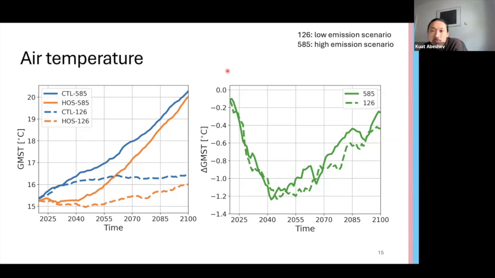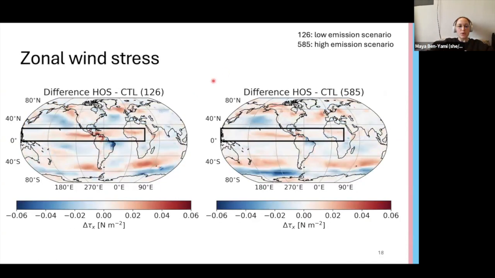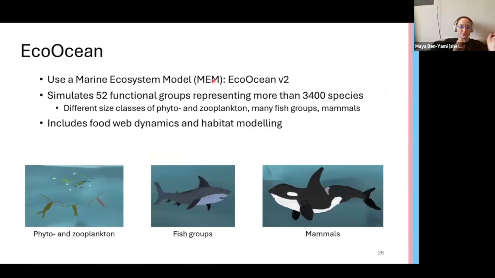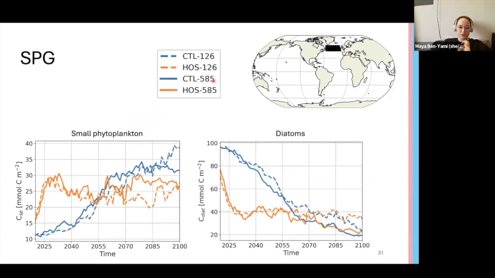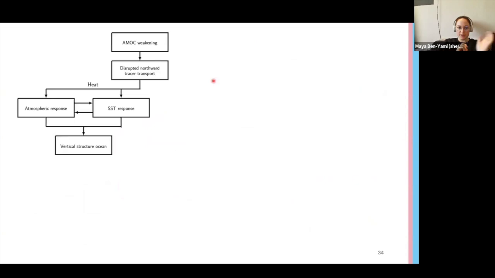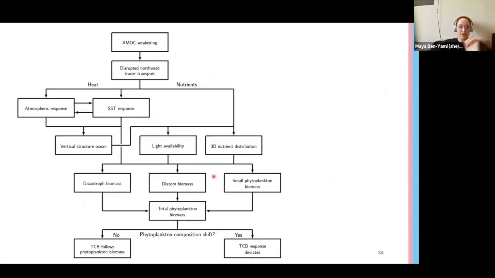Maya Benyami has a question. Yeah, thank you for the really interesting talk. I'd read your paper before, and this added a lot more detail. I was wondering, at the end when you had your flow chart, I think you said something about how you can have the shift when you have the differences between the two models, between just phytoplankton and total consumer biomass, right?